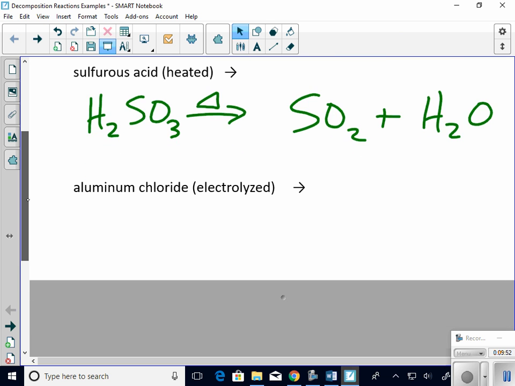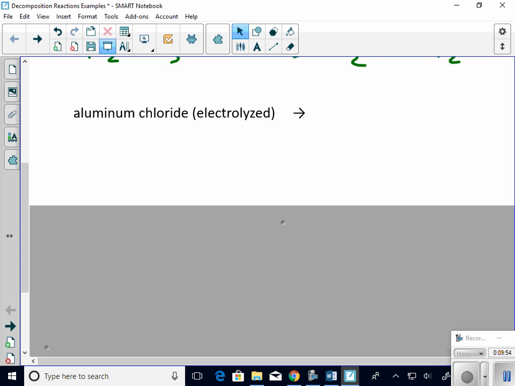Here's my third one. Aluminum chloride electrolyzed. Okay? Which one is this? Number 6, and number 6 tells you what?